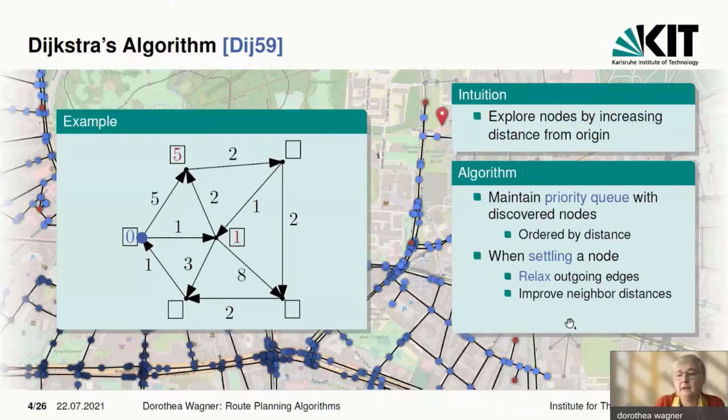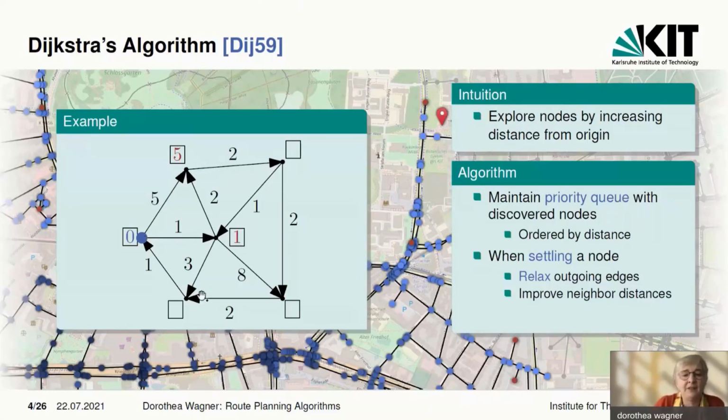Here in the right part, I have a short description of the algorithm. The algorithm maintains the discovered nodes in a so-called priority queue. That's a data structure. And the ordering these nodes are maintained in the priority queue is by distance.